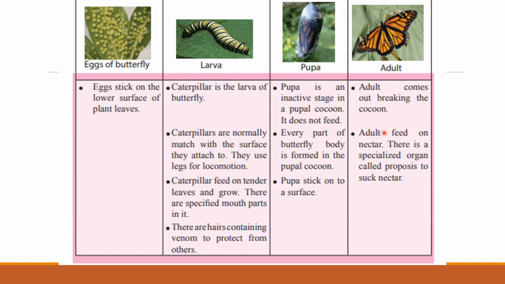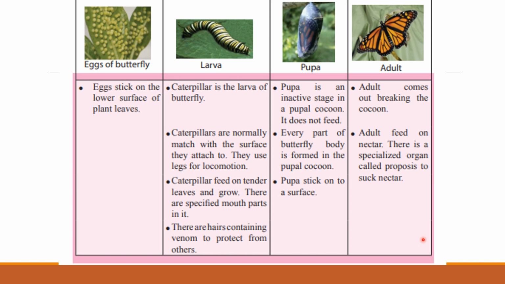nectar of flowers. So if you consider the four stages, the eggs do not consume food, and also this pupal stage does not consume food, but the larva feeds on the leaves of the plant, and the adult butterfly feeds on the flower nectar. So if you consider the feeding habits, they are totally different.